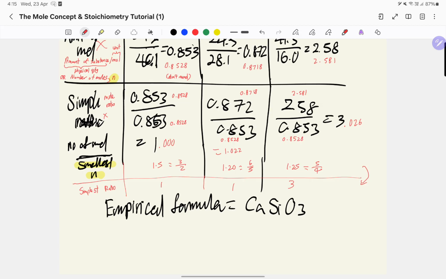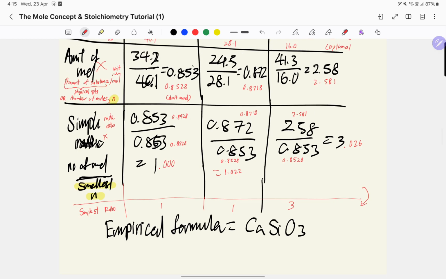So in that case, you need to multiply by the denominator in order to convert it to the simplest ratio. So that's why you need two separate rows, one for mole ratio and one for simplest ratio. Okay, can?